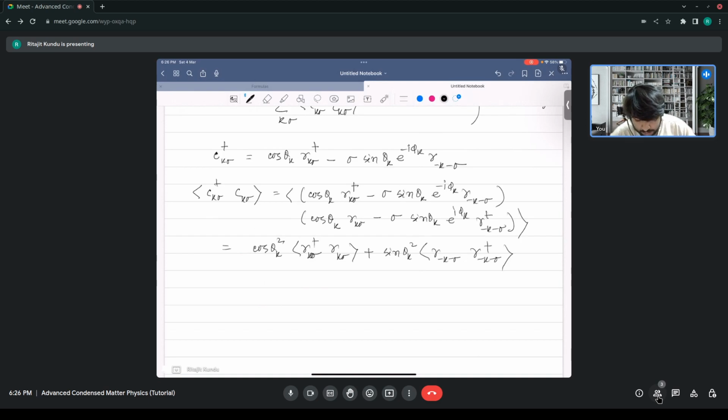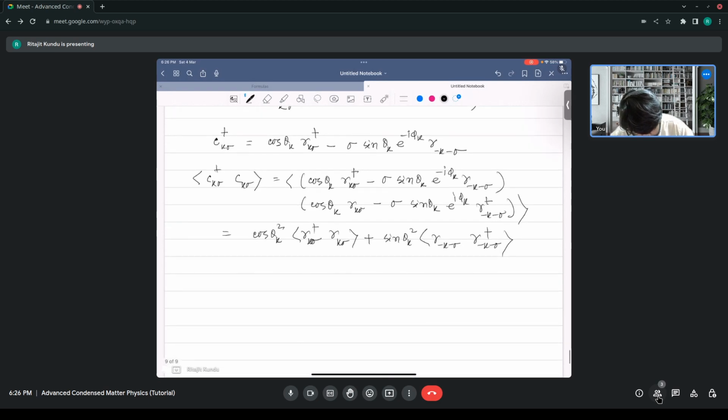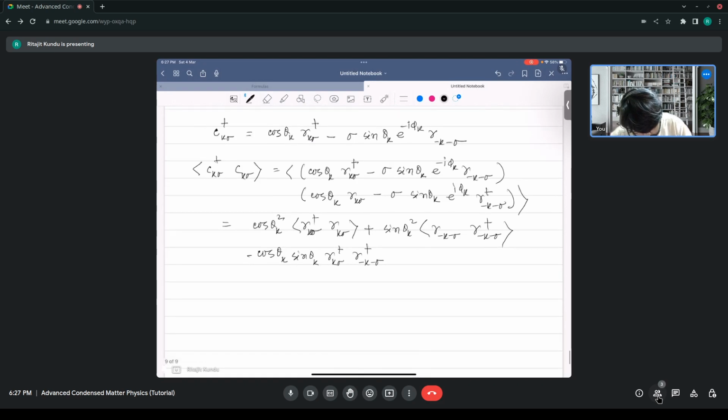We also have the other terms, like cos theta k sine theta k gamma k sigma dagger gamma minus k minus sigma dagger, and then there is minus sine theta k cosine theta k.